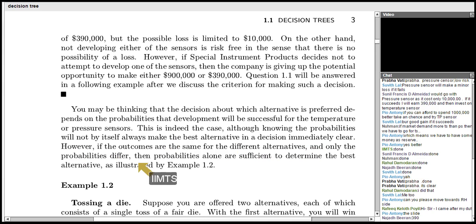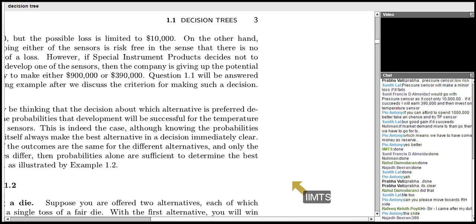However, if the outcomes are the same for the different alternatives and only the probabilities differ, then probabilities alone are sufficient to determine the best alternative, as illustrated by example 1.1. Now, let's look at example 1.1.